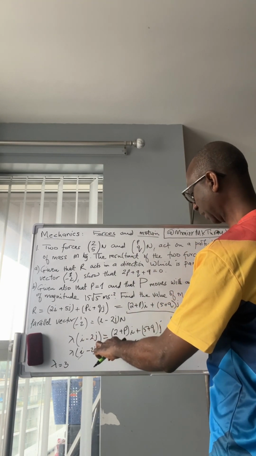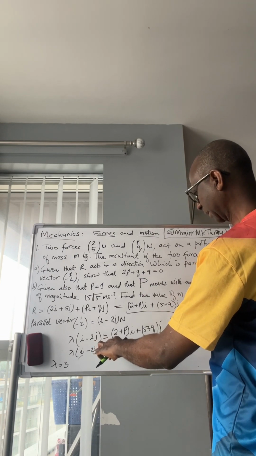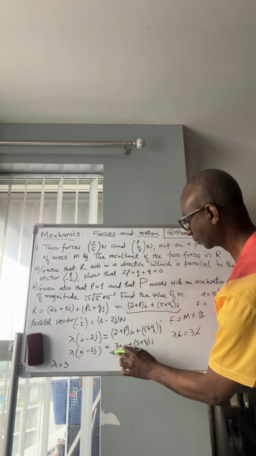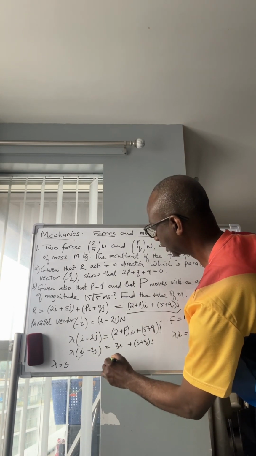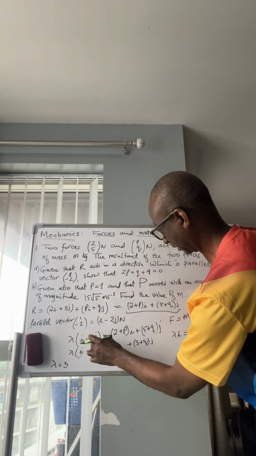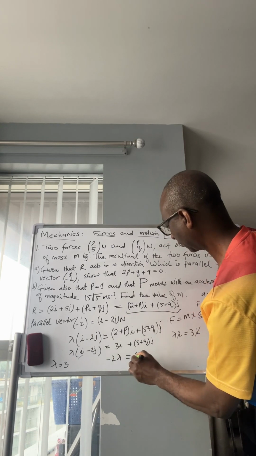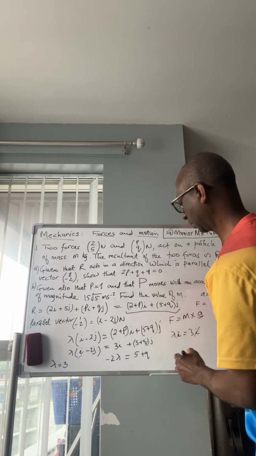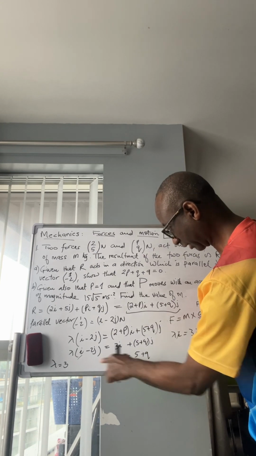But we have minus 2j lambda, again minus 2 lambda equals, looking at the j components, 5 plus q. But we know lambda is 3 already.